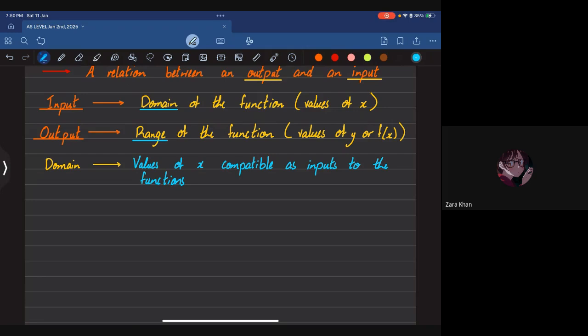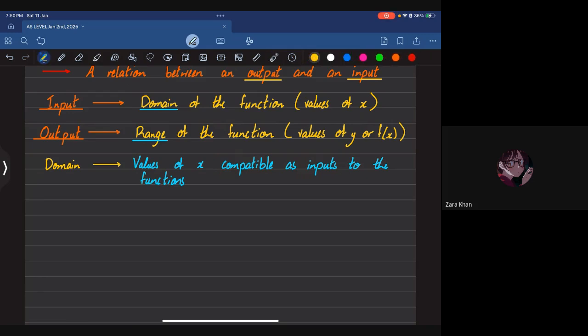I cannot put WhatsApp in over here in order to get my messages and everything from WhatsApp. I cannot get the output from this, because it's not compatible as an input to this iPad. So all the values which can be put into your function are its domain. Some values cannot be put into your function, therefore they will not be your domain.